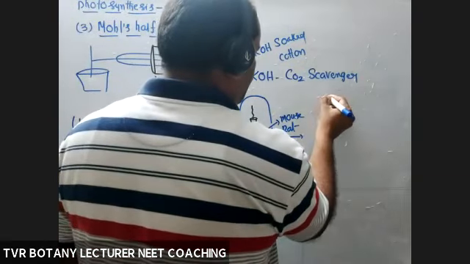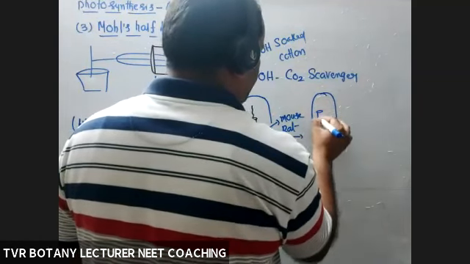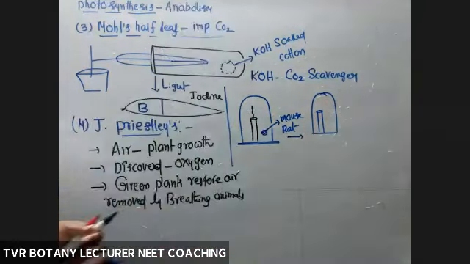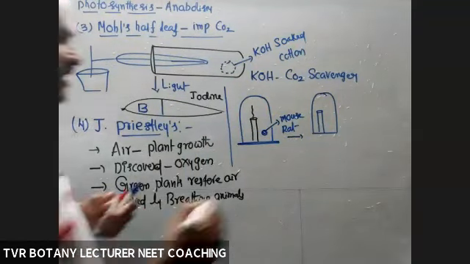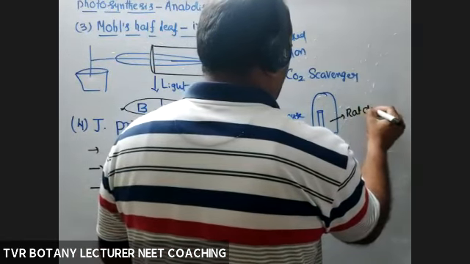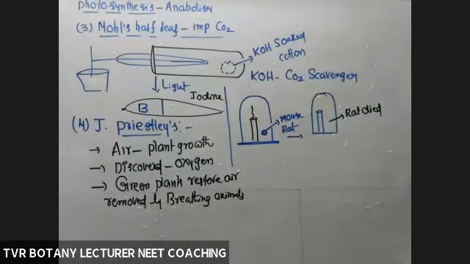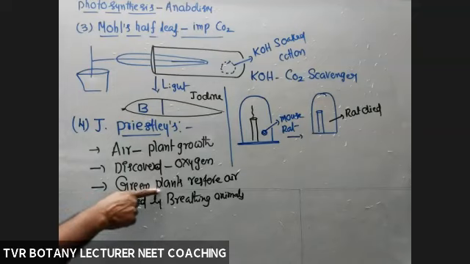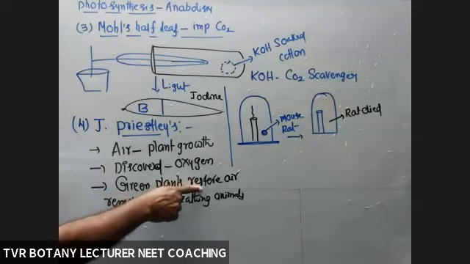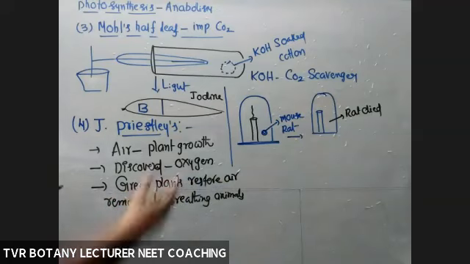So after a certain period of time, what about the candle? Extinguished. The candle was extinguished, stopped. And what about the rat? Died. The rat died because of suffocation, lack of something. So go back to the third statement: green plants restore air removed by breathing animals or burning candle.